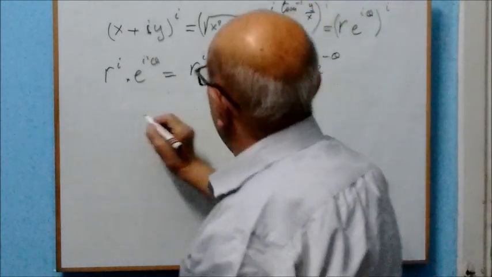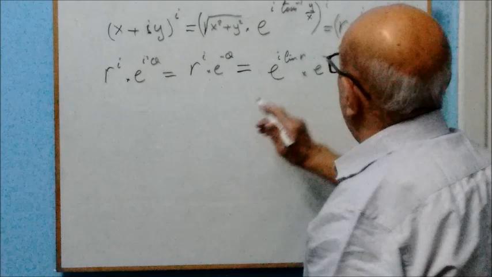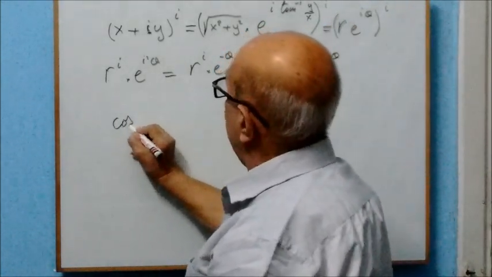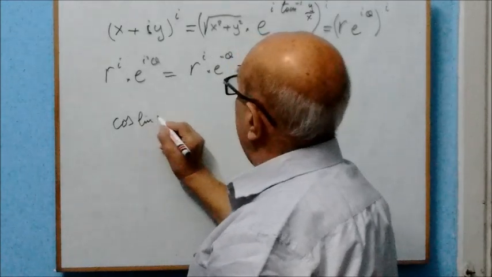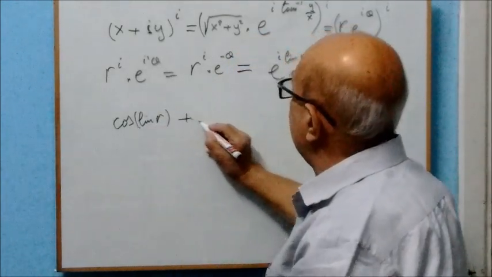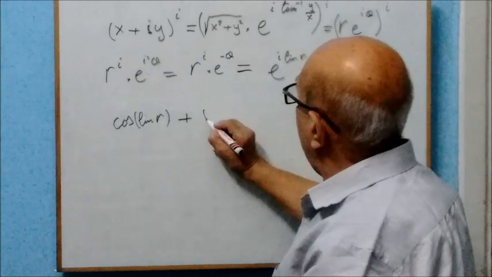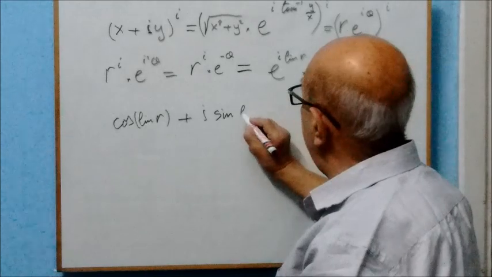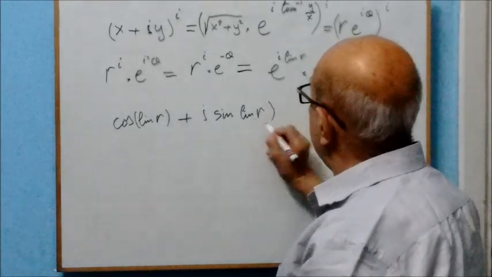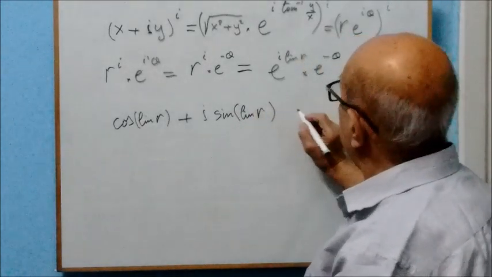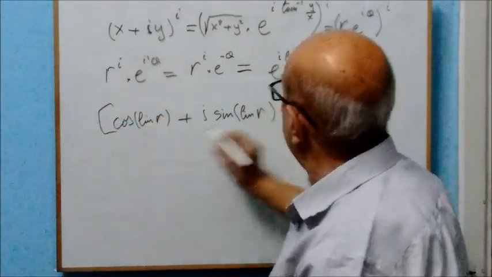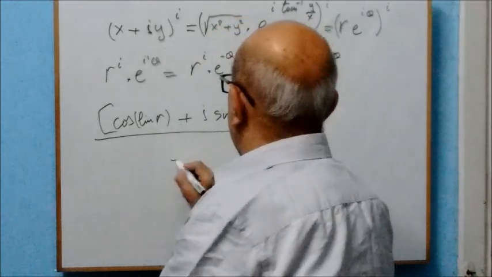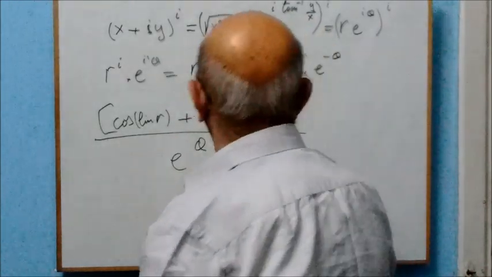So this is e to the power i ln r, which is cosine ln r plus i sine ln r, times e to the minus theta, all over e to the power theta.